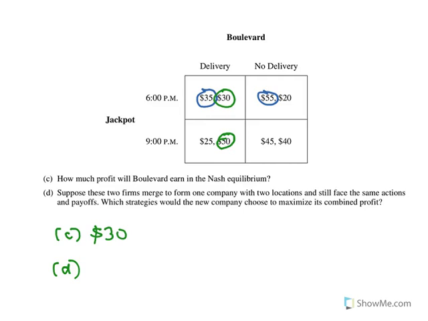The next one, 55 plus 20, is 75. Then 50 plus 25 would be 75 again, and 45 plus 40 is 85, so there we have it. Now you cannot put 45 and 40. Remember, it said what strategies, so that's going to be 9 p.m. and no delivery.